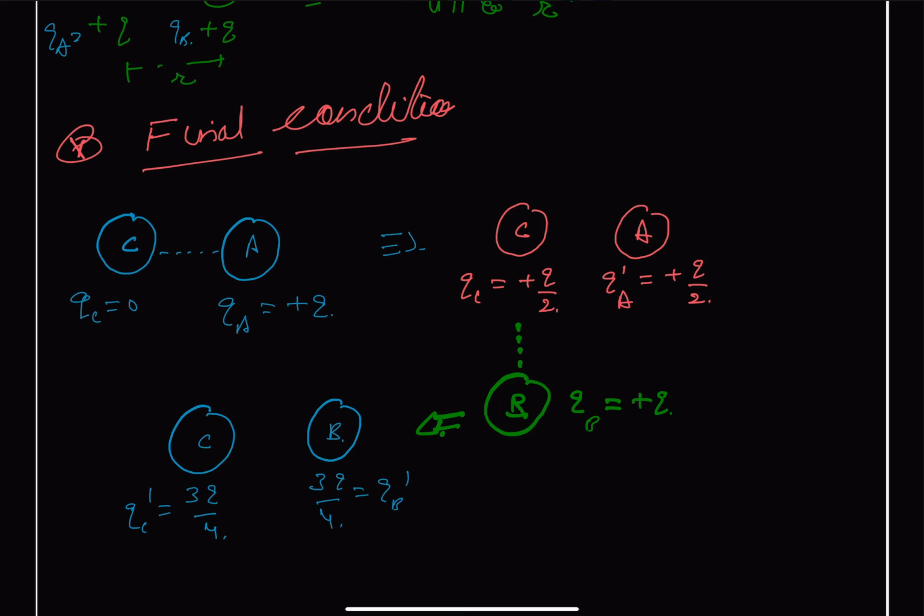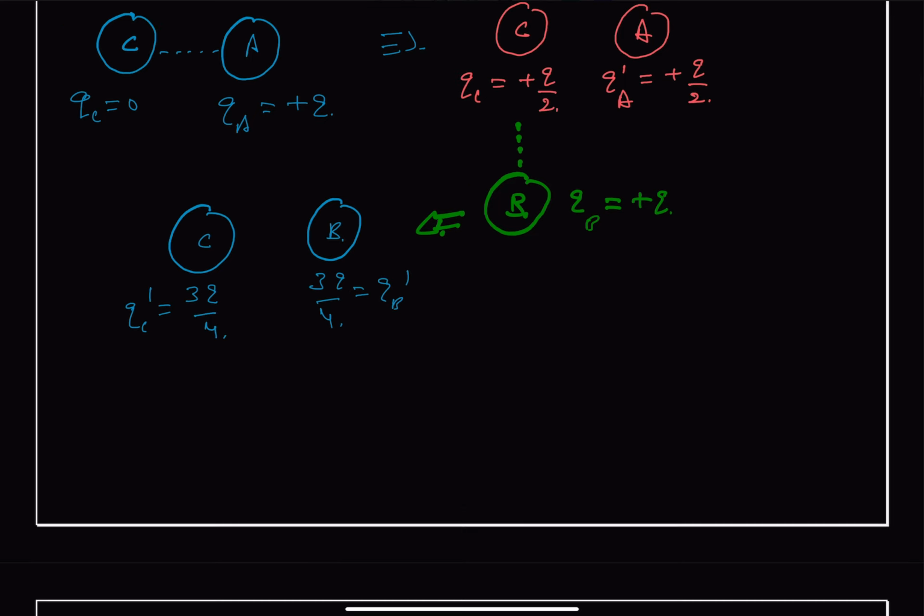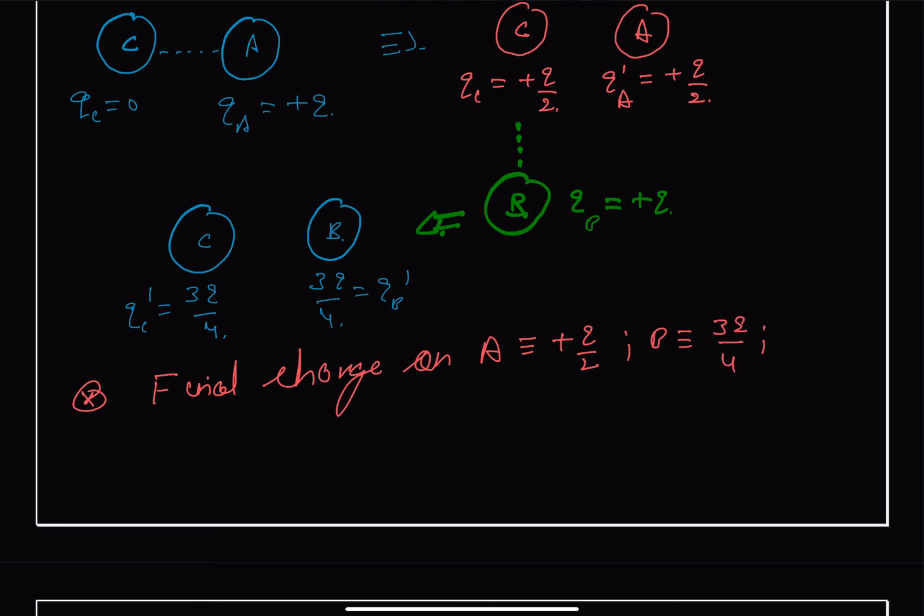So it means finally we can write that the final charge on A will be plus Q by 2, on B it is 3Q by 4, and on C it is 3Q by 4.